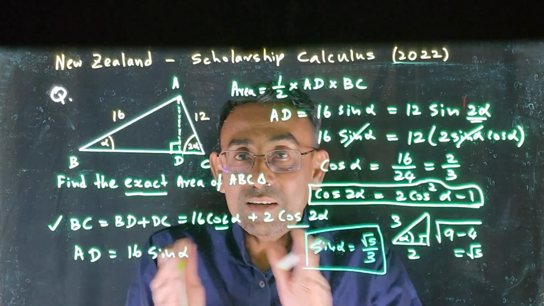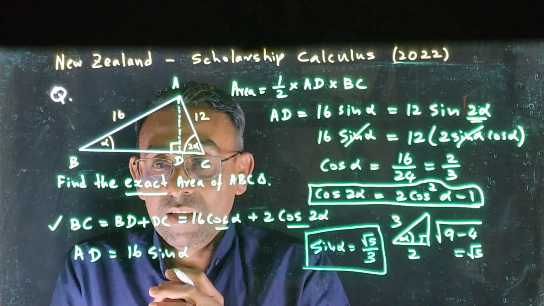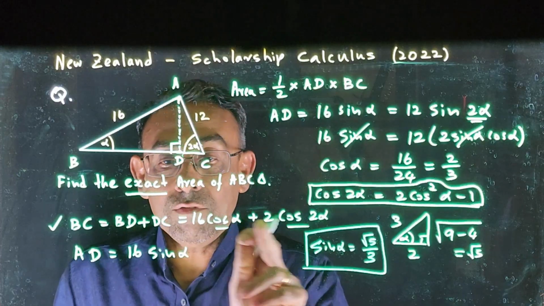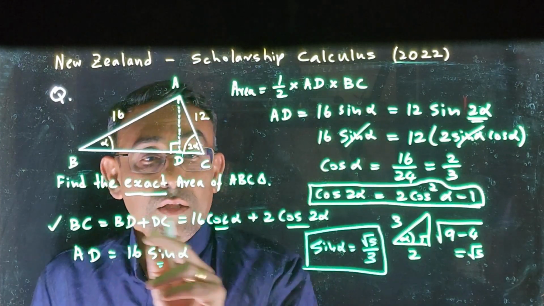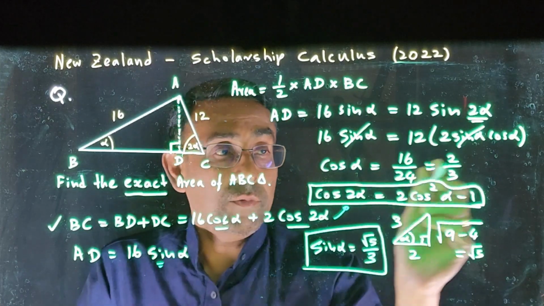Now, this is a hint video, so I'm not going to calculate everything. What I have shown here is that we can find cos 2 alpha and sine alpha. All the unknowns can be found, since cos alpha is 2 over 3.